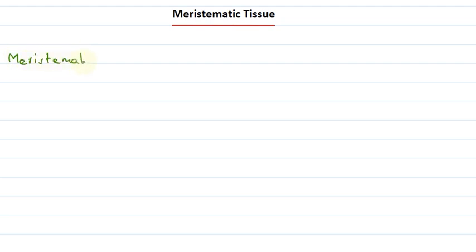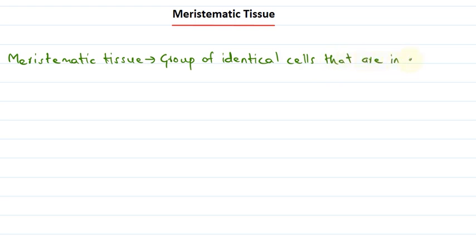So what is this meristematic tissue, or how can we define it? Meristematic tissue is a group of identical cells, and these cells are in a continuous state of division.